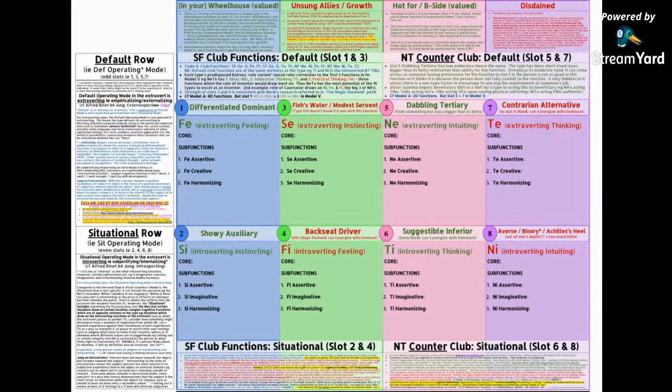So there is that link between intuiting and abstract speech, and instincting and concrete speech. So there are these linguistic correlates to functions.